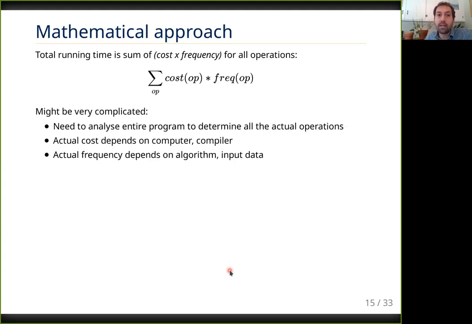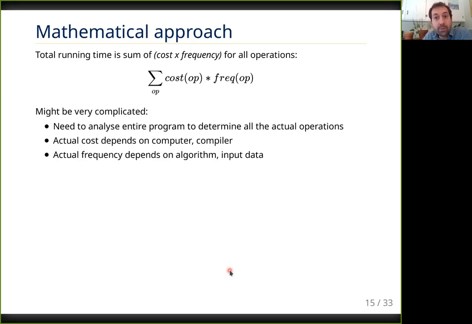The thing is, it might be very complicated to do that because first of all, we need to look at all of the operations of a certain program. The cost is very difficult to determine because it depends a lot on the compiler that you're using, the level of optimizations of the compiler.